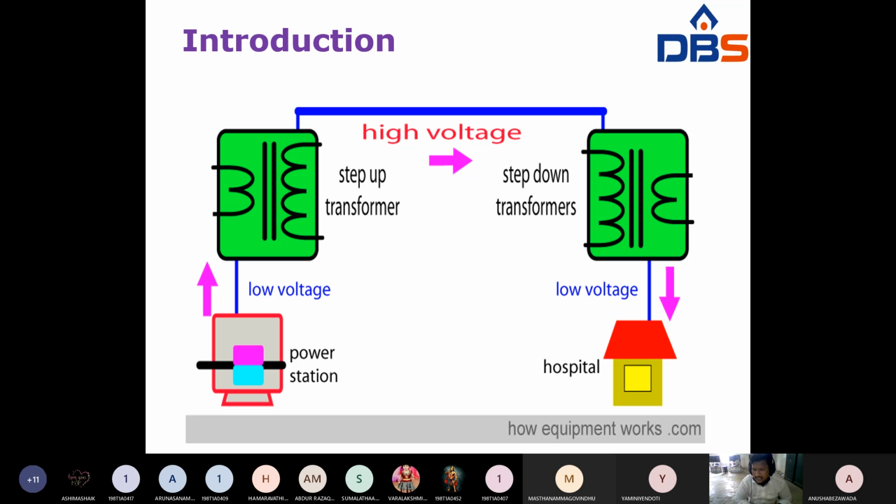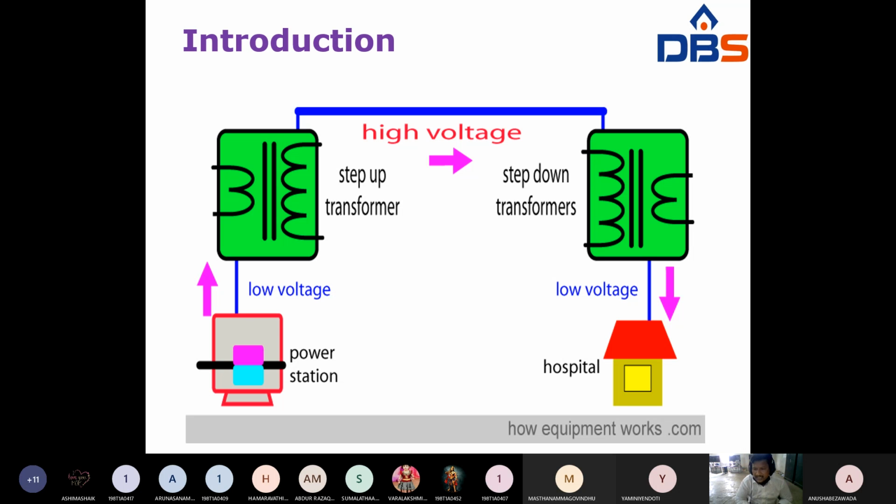The right side is Kurnool district and the left side is Mahbubnagar district. That's why the right powerhouse belongs to the AP government, and the left powerhouse belongs to the Telangana government.